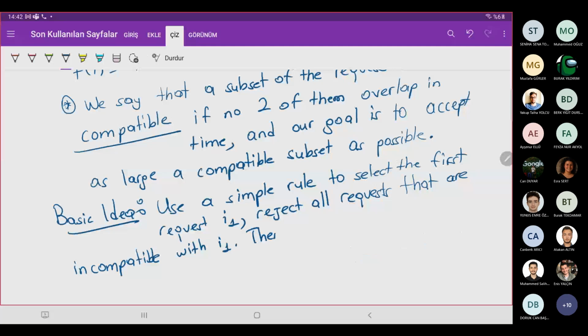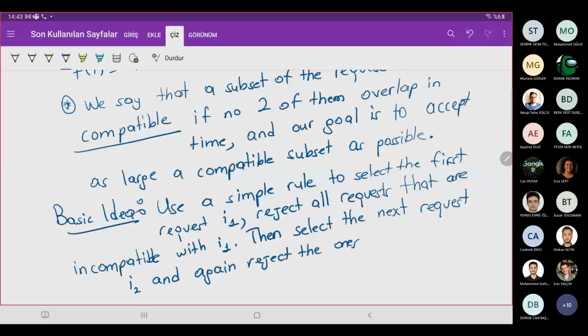Then select the next request I2. And again, reject the ones incompatible with I2, etc.